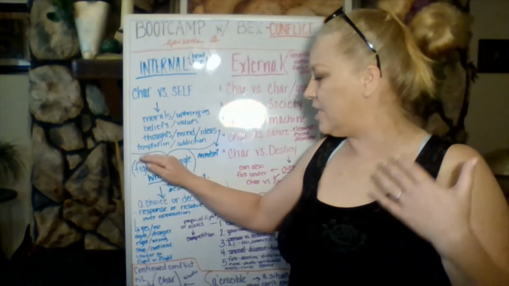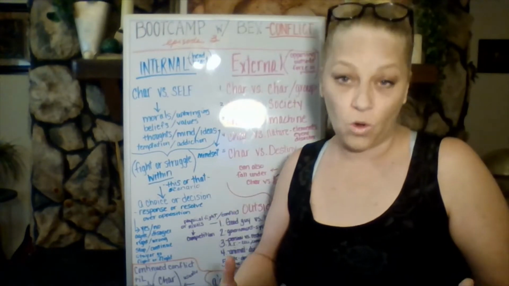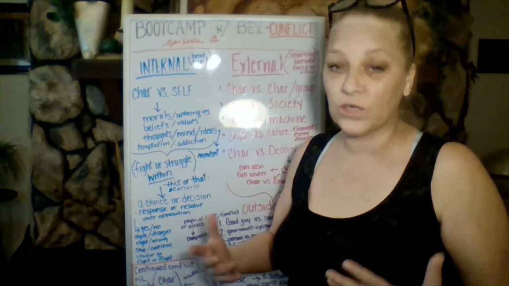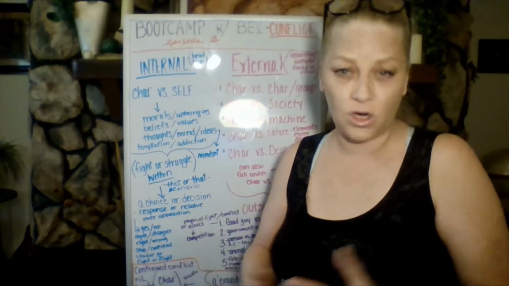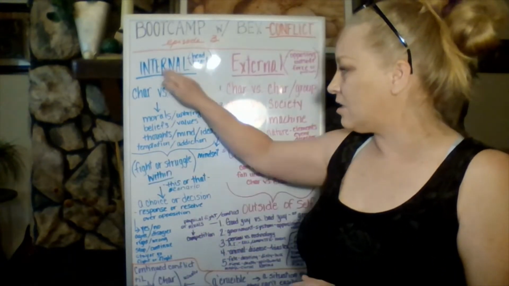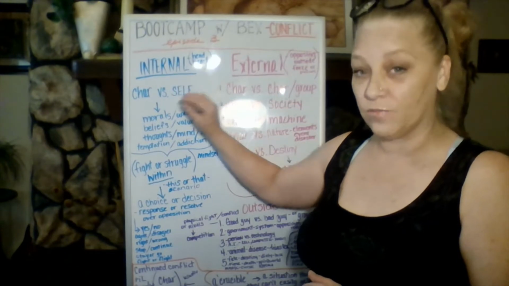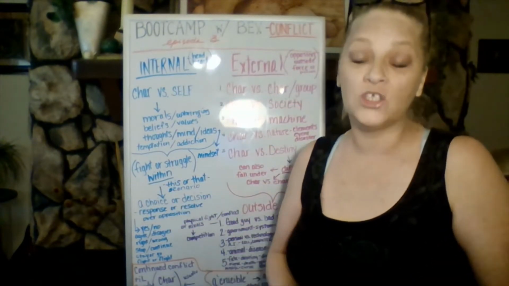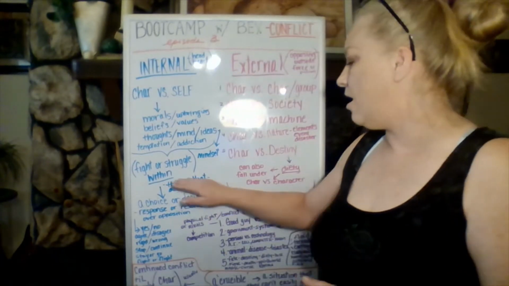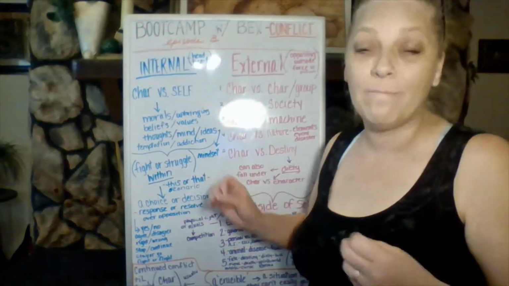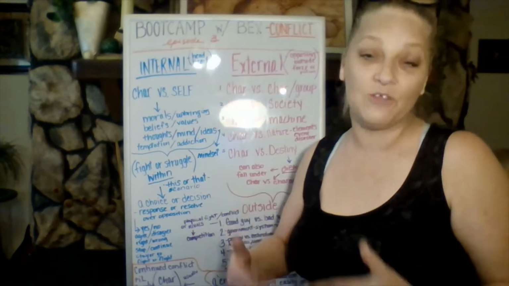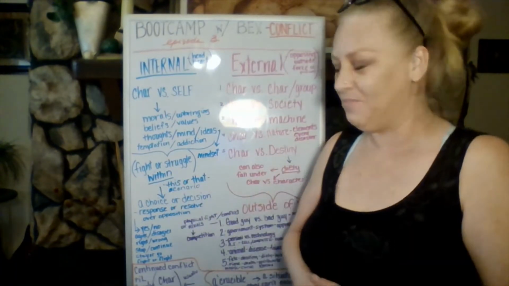It could be even as far as getting that self-control over temptation or overcoming addiction or battling or struggling with. So this type of conflict, internal, the character versus self, is often described as a fight or a struggle within. Not always, but usually it's the mindset. It's either the head or the heart internally.